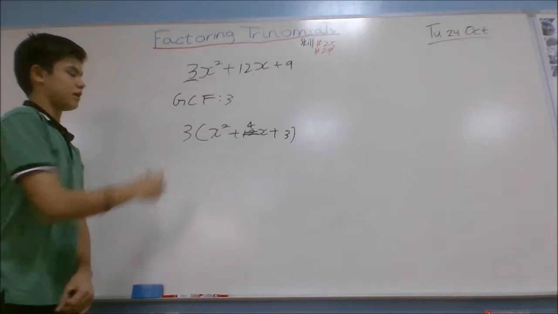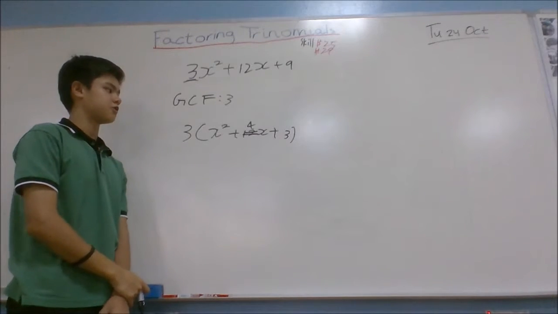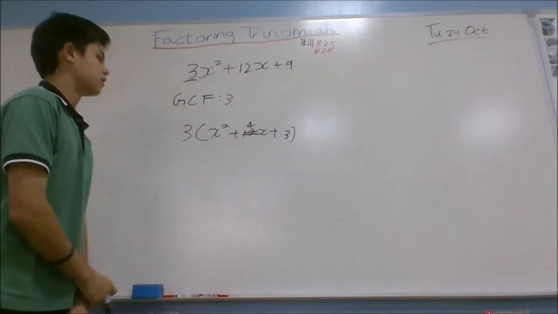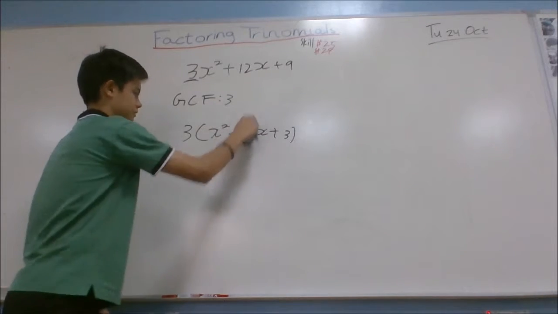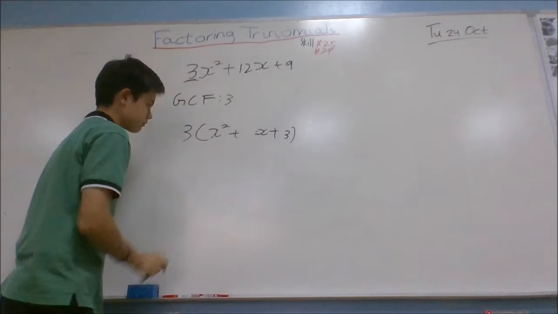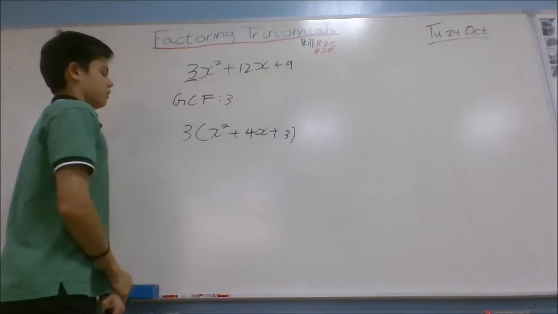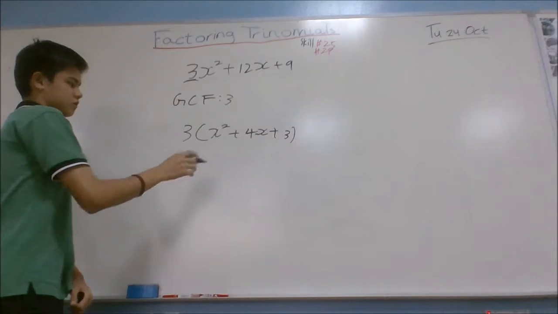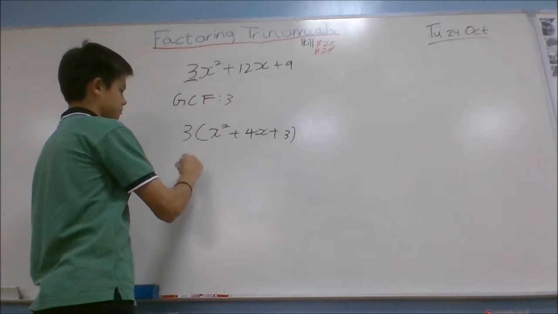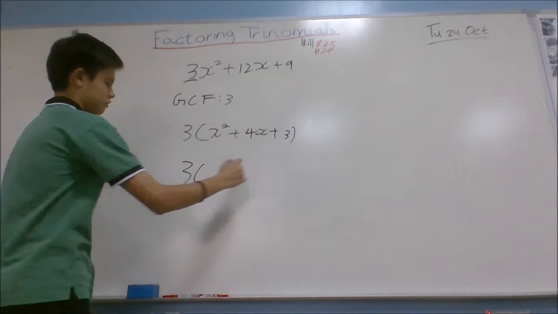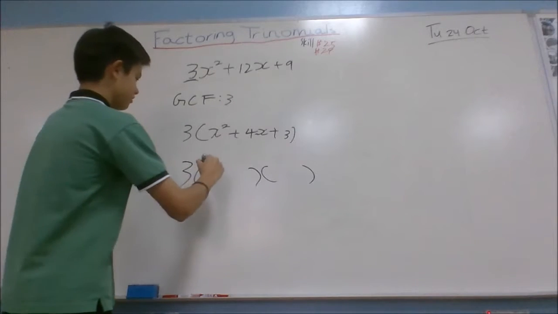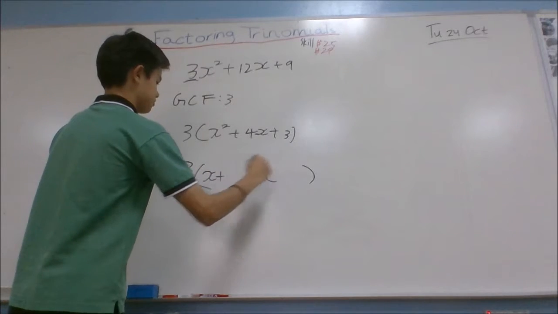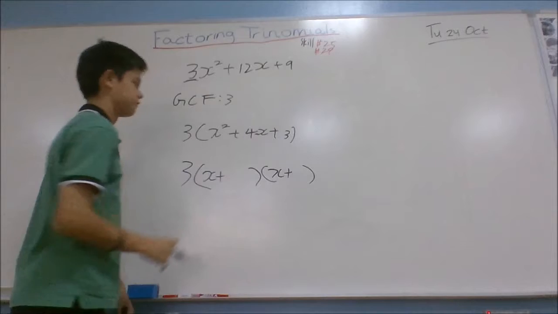This is what happens to the numbers after getting divided by 3. Now we can factorize it using the easier method. We can factorize it by using the 2 brackets that Alex has told us about before, and it will be x plus, since both of them are positive.